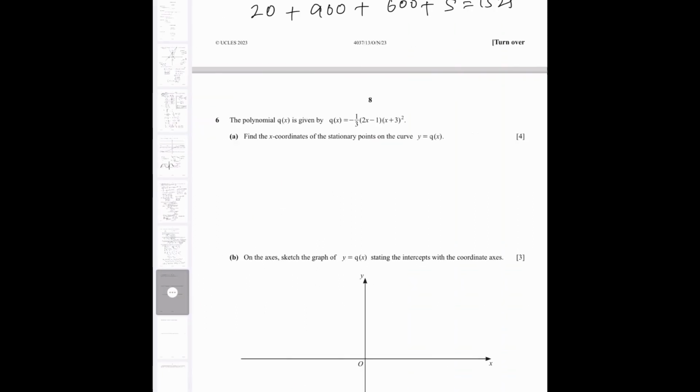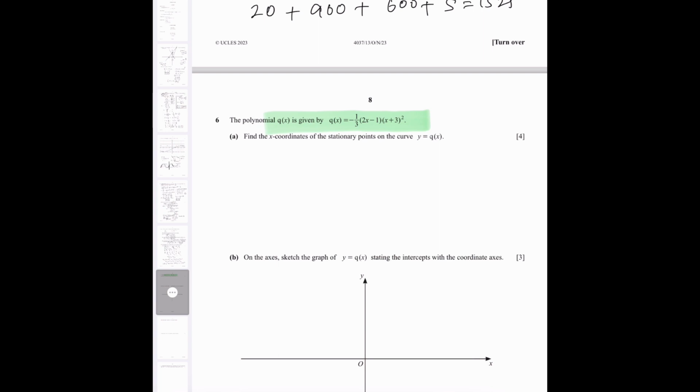Polynomial q(x) is given by q(x) equals minus 1 by 3, (2x minus 1), (x plus 3) whole squared. Find the x coordinates of the stationary points of the curve y equals q(x).